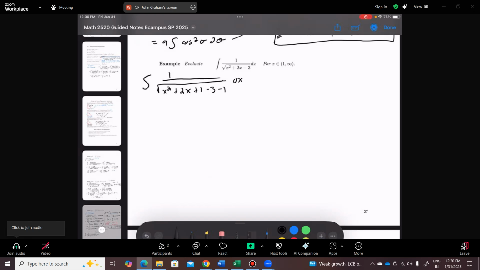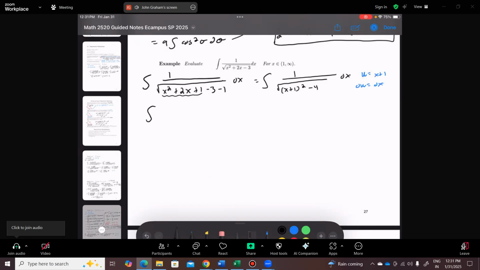And then what I can do is rewrite that in a different kind of form. This is going to be x plus 1 squared. That's why I completed the square. That encompasses these, and that's going to be negative 4. And then dx. That actually gets us into where we wanted to go with this. So what I'm going to do is kind of a u substitution. I'm going to do u equals x plus 1, du equals dx.